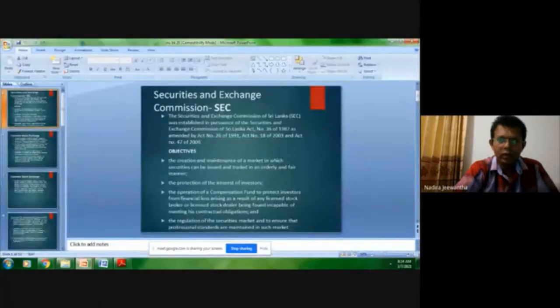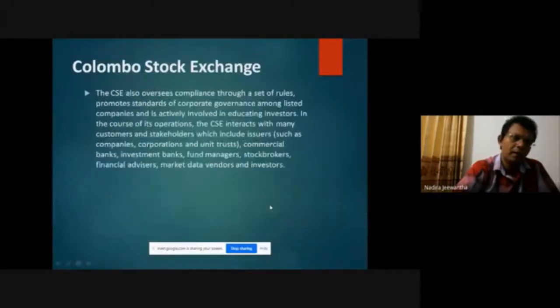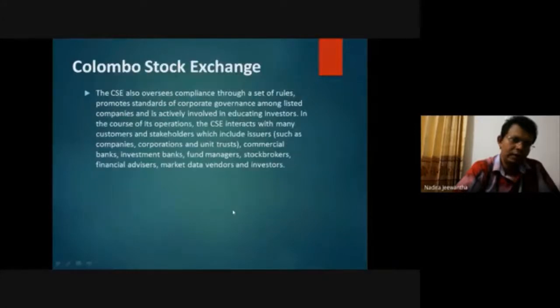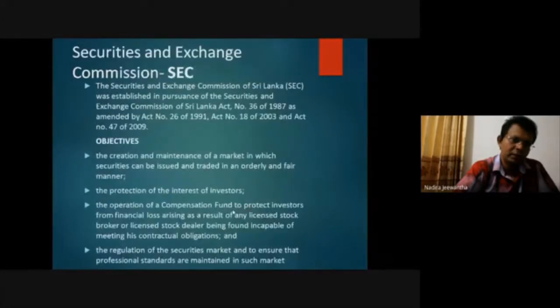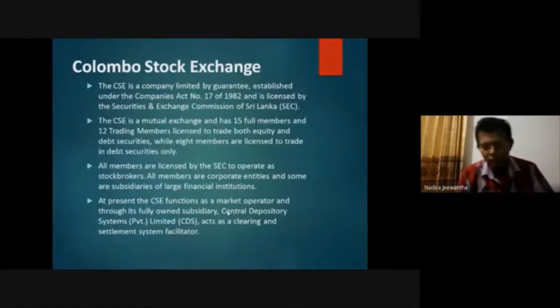And also this one I wanted to give you: a little text-type description on the stock market, CSE, and column description, because I thought of giving notes on the share market.